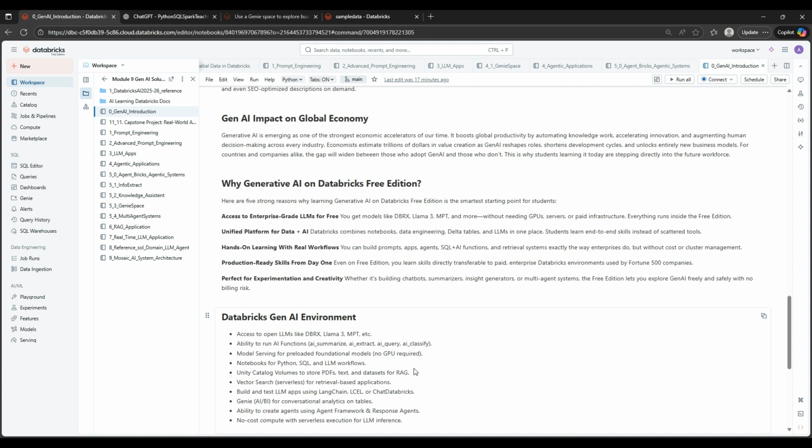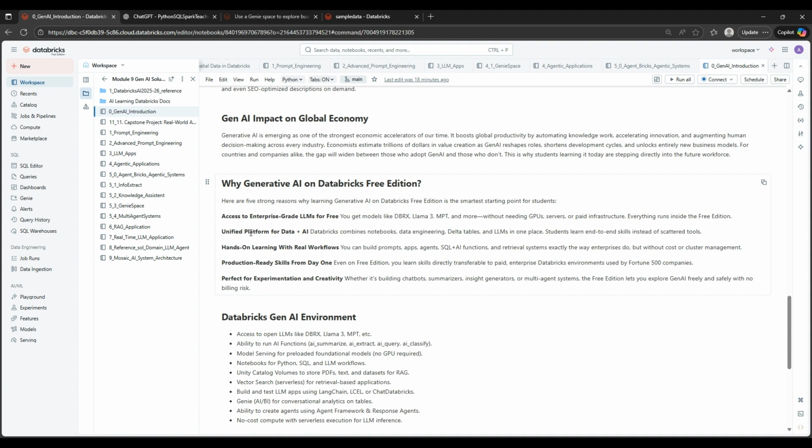As I mentioned, it is very difficult for a new person to start learning generative AI without getting the right platform. And Databricks Free Edition is a completely zero-cost environment. You can get your own workspace, and I think it is an amazing platform. You can very easily learn a lot of things here. First of all, it has access to great enterprise-grade LLMs, and it's available for free.